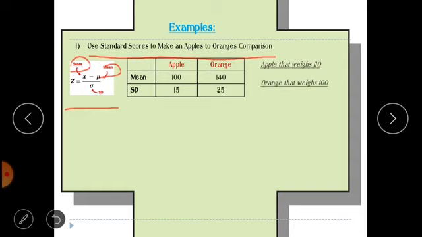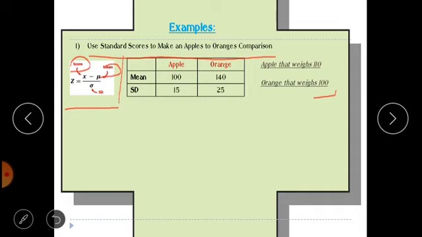So kanina 'di ba, ito yung ating assume natin ng apple ay nagkakaroon ng weight na 110 grams while yung orange ay 100 grams. Kahit alam naman natin na talagang in reality mas mabigat talaga yung apple. So sa first column, andito yung ating parameter which is yung mean and then yung standard deviation. Then sa second and third column is yung score ng apple and then sa orange.